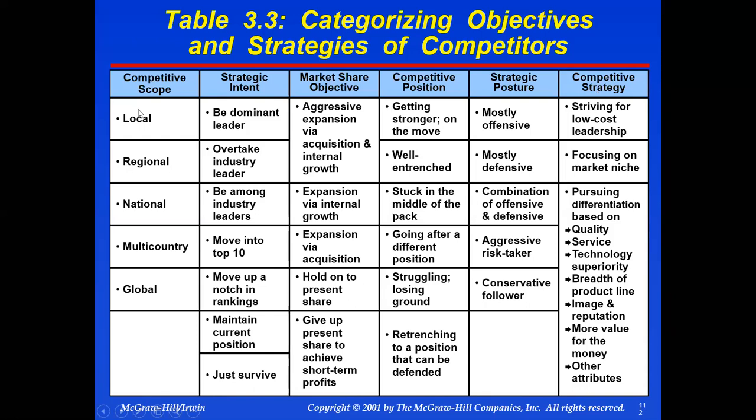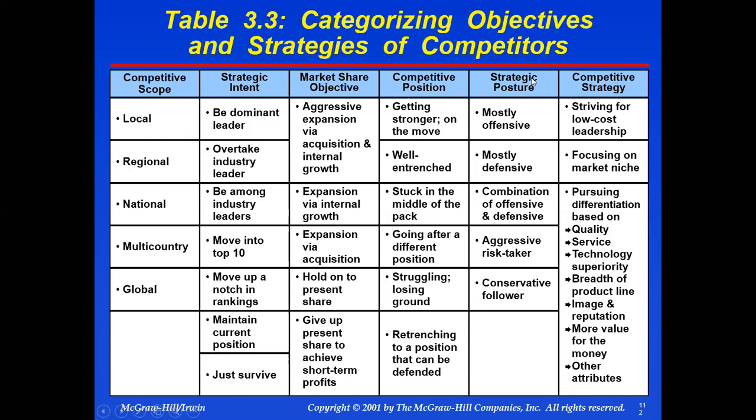For example, starting from the left column, if the competitive scope of the firm is local, their strategic intent in the industry would be to become dominant leader. Their market share objective would be aggressive expansion via acquisition and internal growth. Their competitive position would be getting stronger on the move.